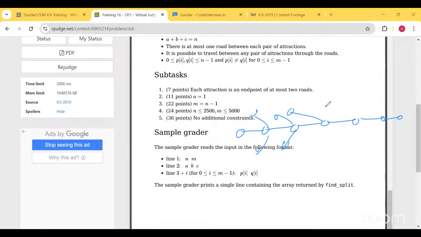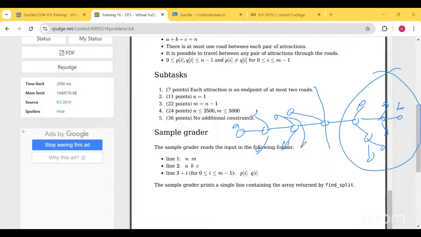Some nodes in the left, some nodes in the right. So run DFS from both nodes. Of course, we will cut this and this, right? And also the middle node. Sometimes we cut the middle node. The middle node goes here or here. All right, what shall we do after we do DFS from A and B?